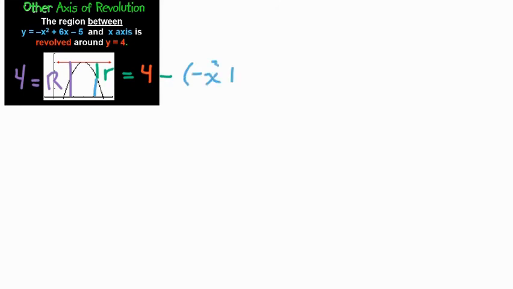And when you do that subtraction, you will end up with the distance in the middle. So what do we get? Well, if you distribute the negative sign, you end up with a positive x squared, a negative 6x, but now a plus 9. And what I want you to understand is that that expression would be little r.